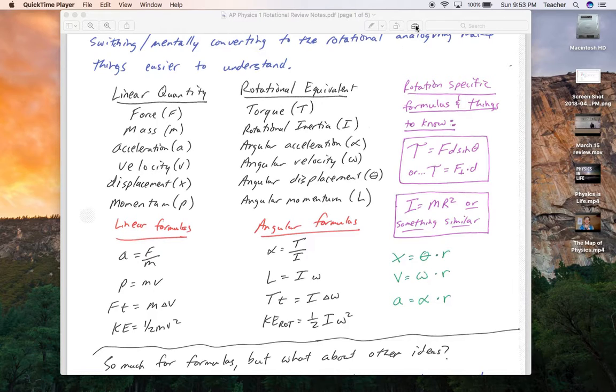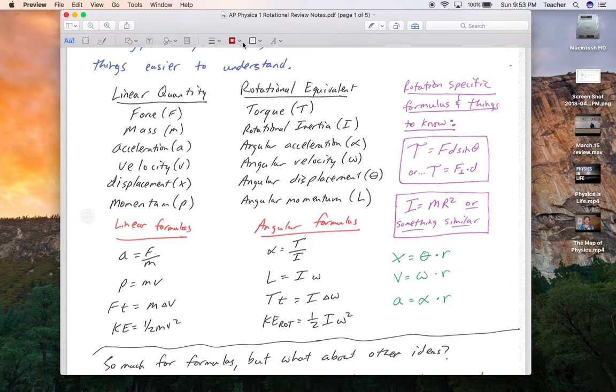In fact, I will fix that. Torque times delta t, nice, is equal to I times delta omega. So kinetic energy and rotational kinetic energy.